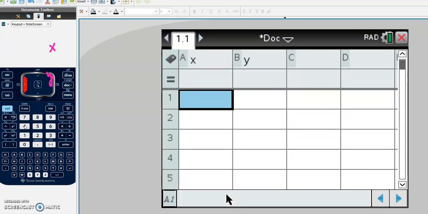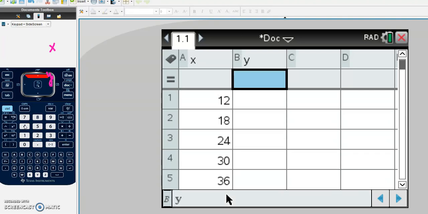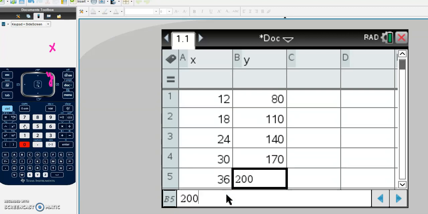The X was the top row, so that's 12, 18, 24, 30, 36, and 42. Then my Y's for the sales would be 80, 110, 140, 170, 200, and 230.